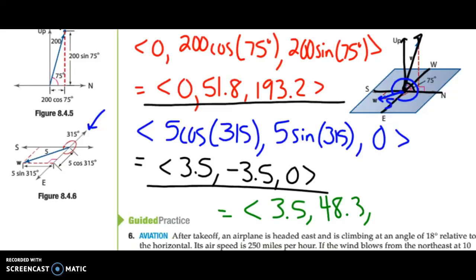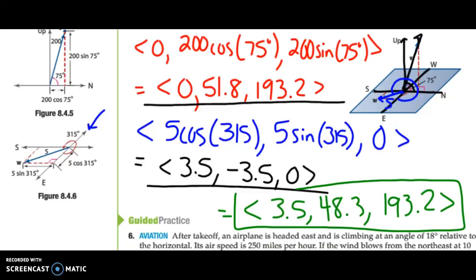And 193.2 plus 0 is 193.2. So this right here is the full direction and speed at which our rocket is going.